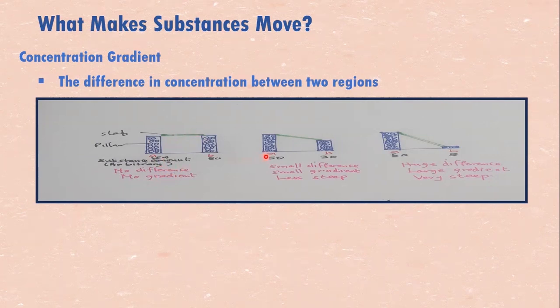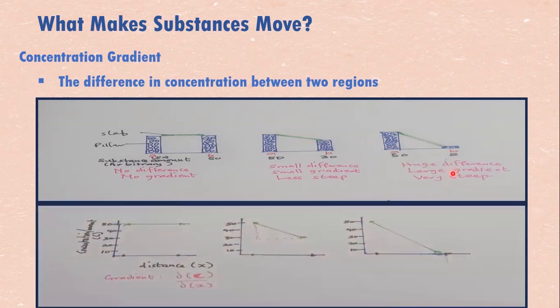But if I have a situation like this, where I have a concentration of 50, and another area here with 30, then I can have a slab like this that slopes down, and this one has a small gradient, a small steepness. But if the amount of molecules here is plenty, 50, and here it's so small, 5, then I have a huge difference and a huge gradient, a very steep slope.